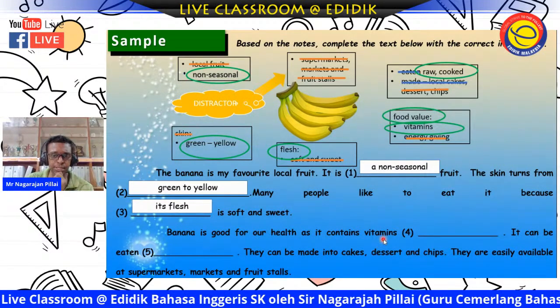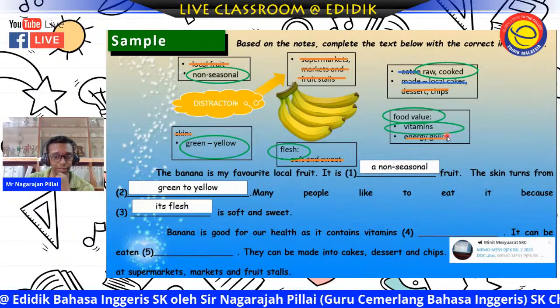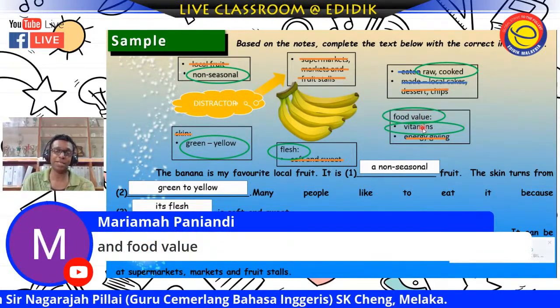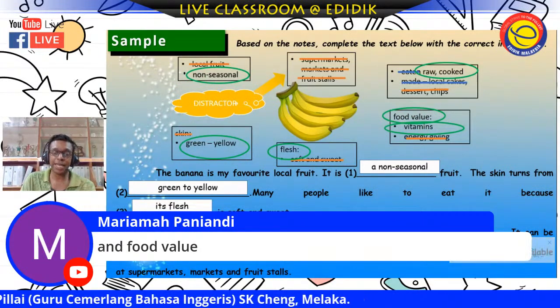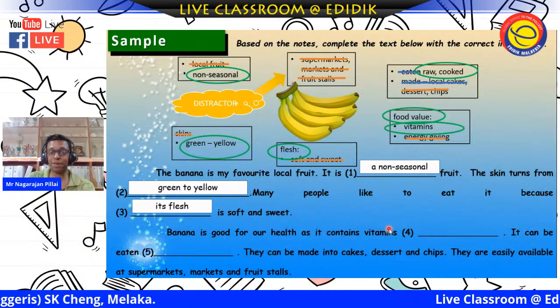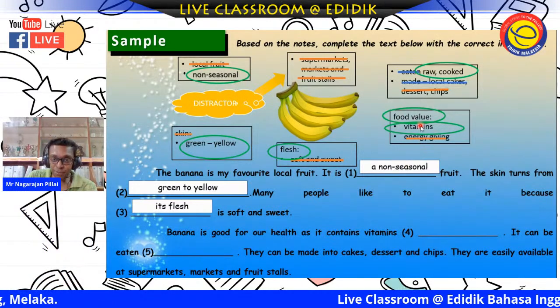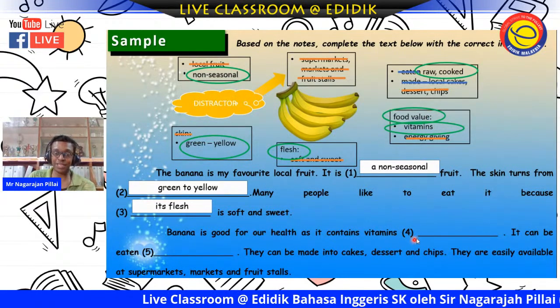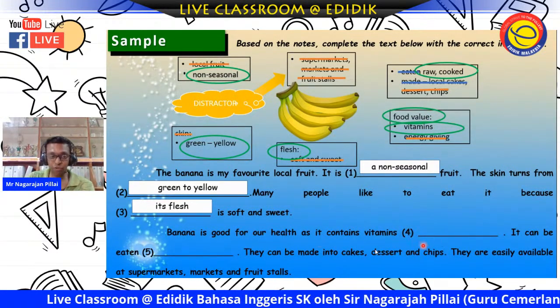The word vitamins is here. I can simply use it. Actually you can't write the word vitamins, because it has been used in the text. Please be careful. The word vitamins here, you cannot write again because it's already in sentence number 4.